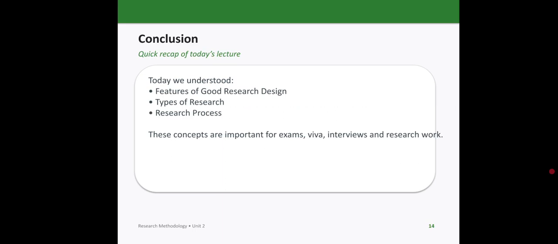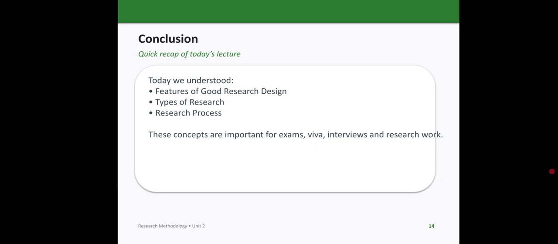Now come to the conclusion part. So students, today we understood features of good research design. In addition to that, types of research. Moreover, we studied the research process, importance of these concepts, and real life examples related to research.